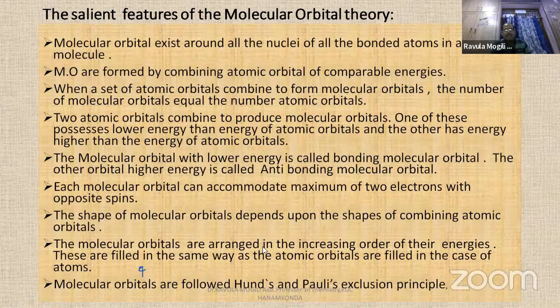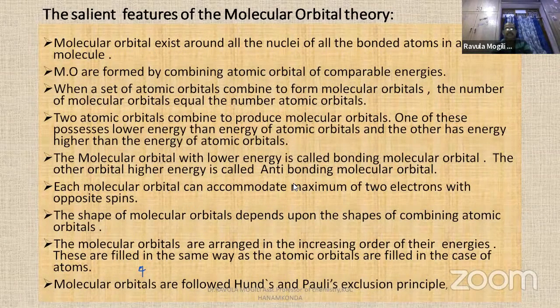The molecular orbitals are arranged in the increasing order of their energies, and they are filled in the same way as atomic orbitals are filled in atoms. So filling of electrons in molecular orbitals is the same as in atomic orbitals. It means the Pauli exclusion principle and Hund's principle are followed.